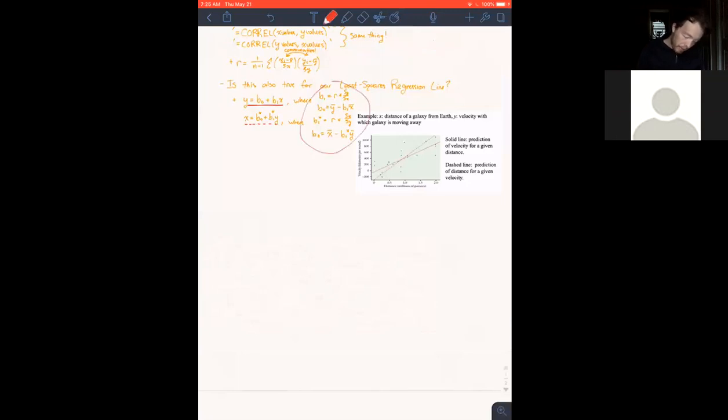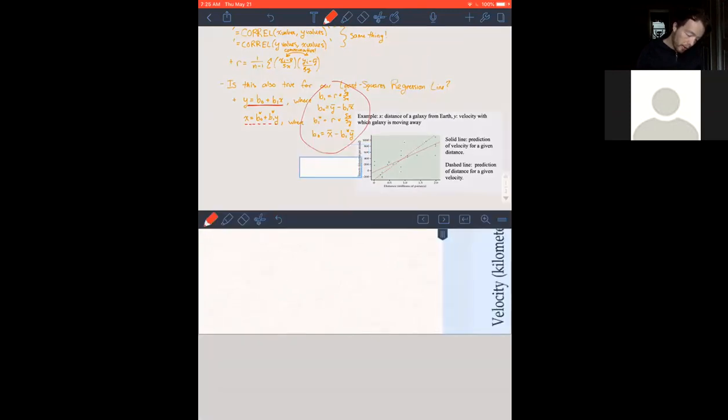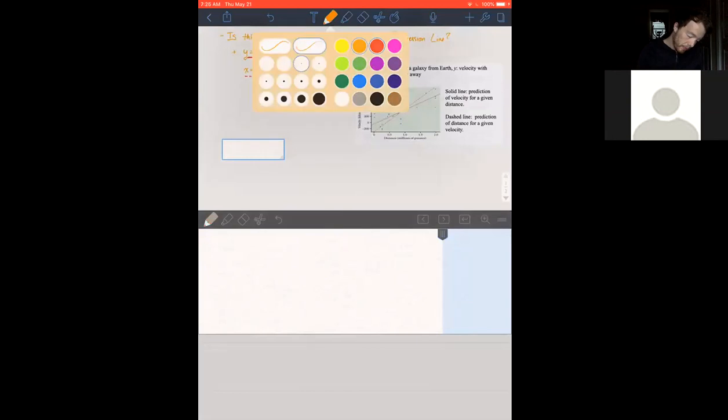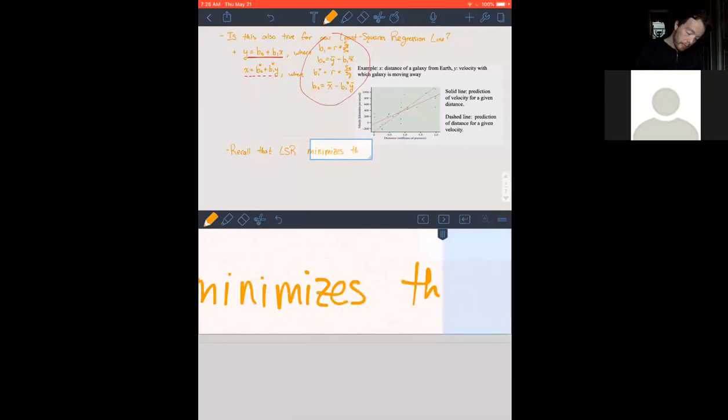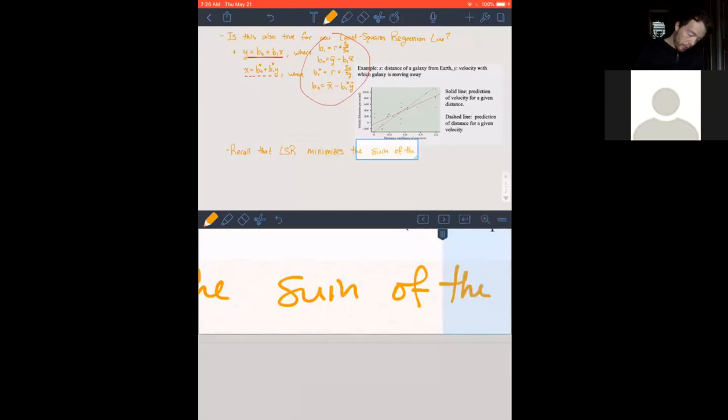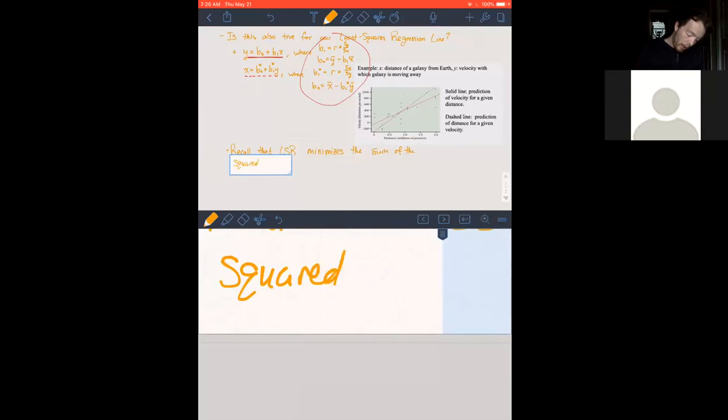Or we can actually see that by thinking about what the least squares regression line is doing. So recall that least squares regression minimizes the sum of the squared, and I'm going to say vertical, residuals.